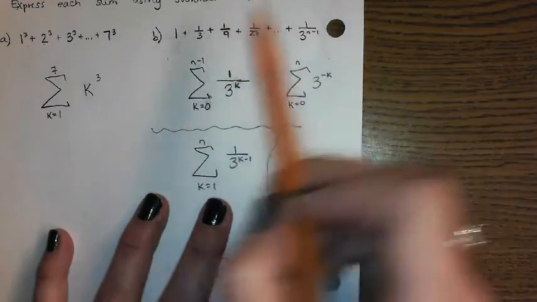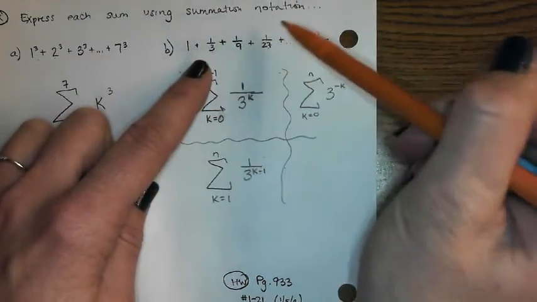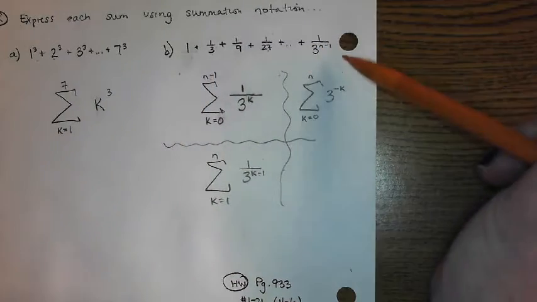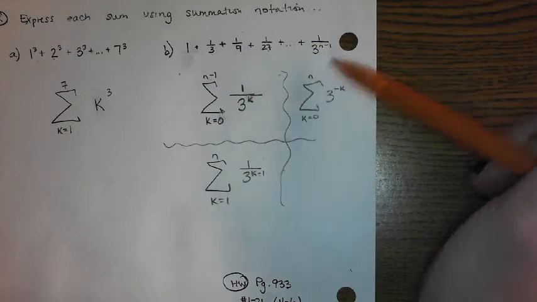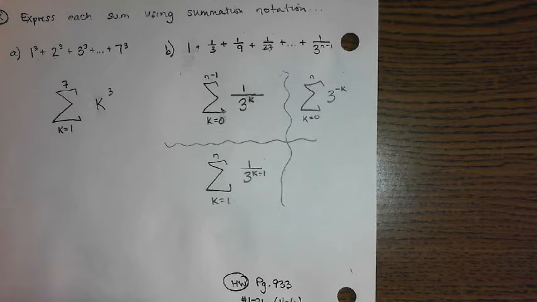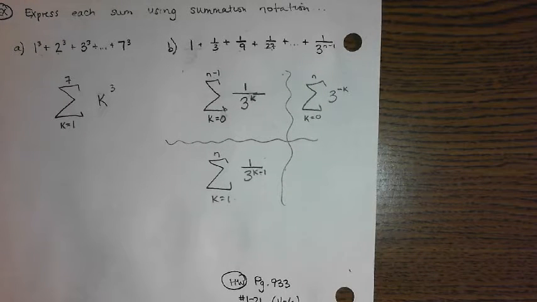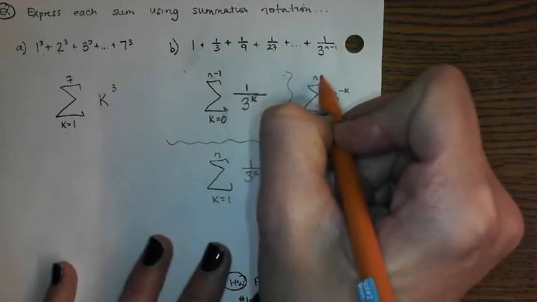This is good because that's exactly, because this is 3 to the negative first, 3 to the negative second, 3 to the negative third. Wouldn't that be n? Something's not right with that n. I think it would have to be negative n plus 1. No. I think it would still just be n minus 1. I don't know, I gotta think this through.